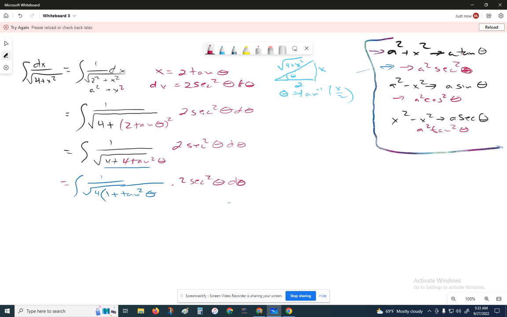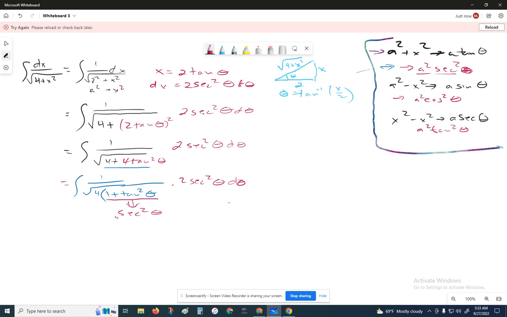When I change it to a tangent theta, my goal is to make a squared secant theta, which happens right here. And so what we end up with is this becomes secant theta, so that becomes secant squared theta. And so now I've got a squared and secant squared theta, which is my goal.